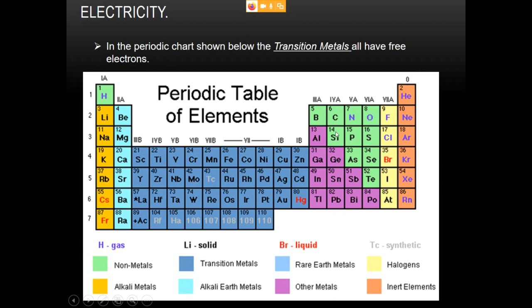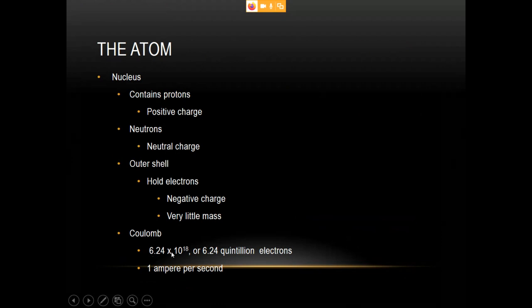It's not shown on this version of the table of elements, but some tables will also show you the atomic weight, like how much carbon weighs or how much silicon weighs. And when you look at that atomic weight, it's based on a coulomb, which is 6.24 times 10 to the 18 individual atoms, okay?